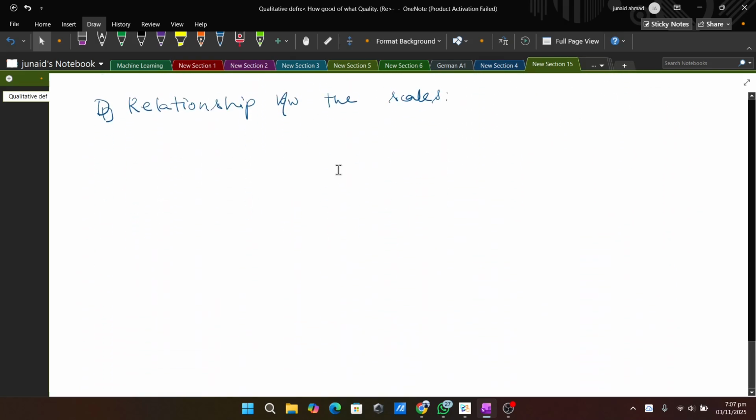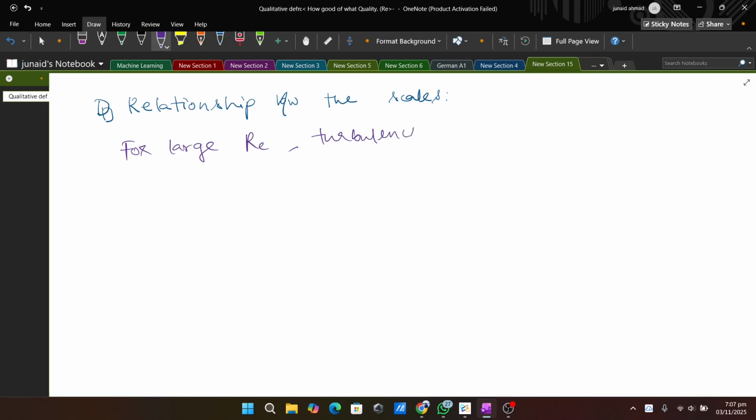Okay, and then we are going to derive the relationship between those things. So for large Reynolds number turbulence, L over eta, where L is the integral scale and eta is the Kolmogorov microscale, is proportional to the Reynolds number to the power 3 over 4.